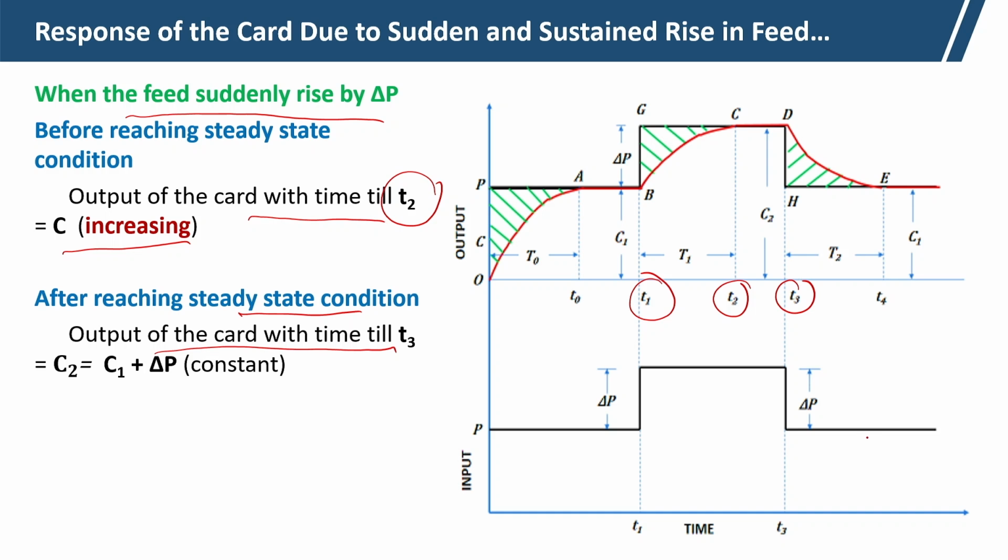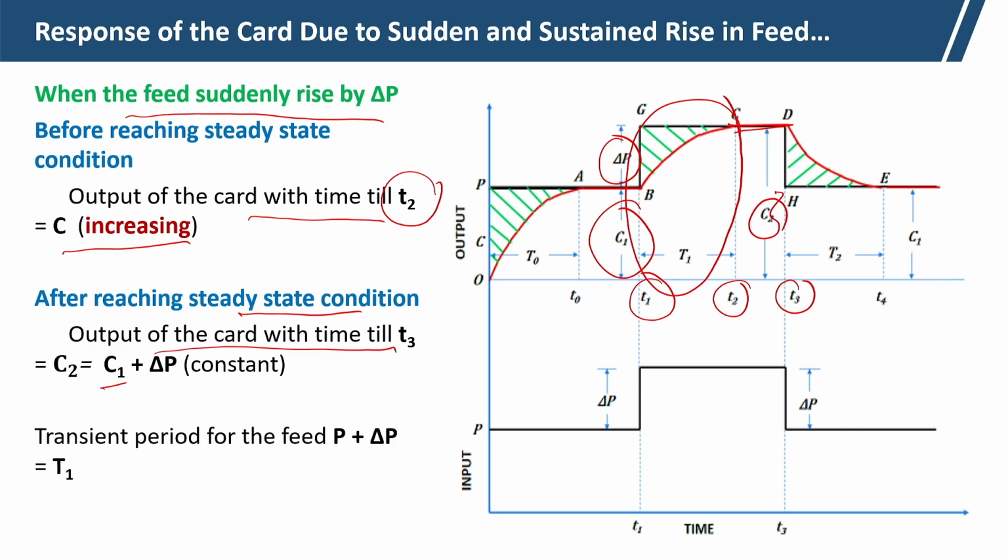So, this is C2. C2 is nothing but C1 plus delta P, which is constant here. In this zone, this is the transient zone.